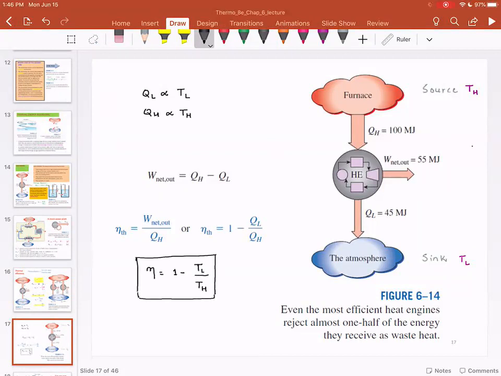And this equation is possible because of the thermal reservoir assumption, which means the source is going to be at high temperature, and that temperature is going to be constant. The sink is going to be at low temperature, and that temperature will also be constant.